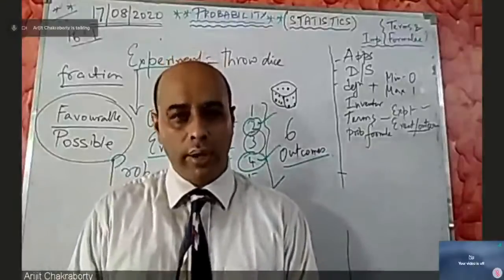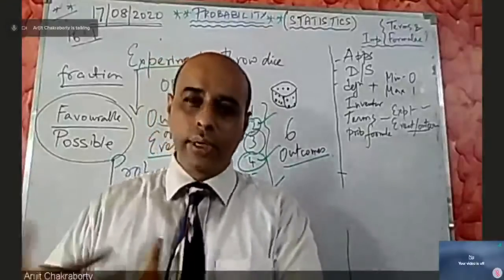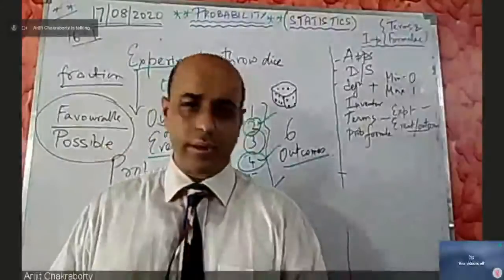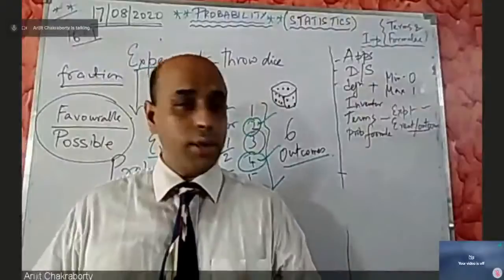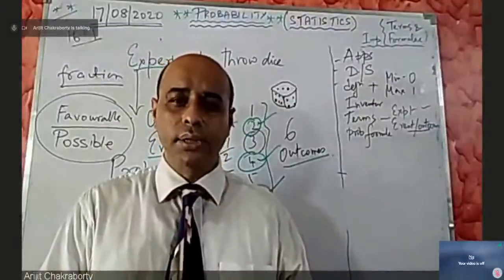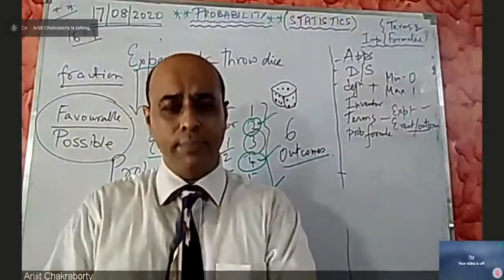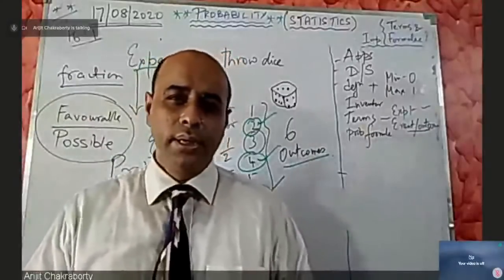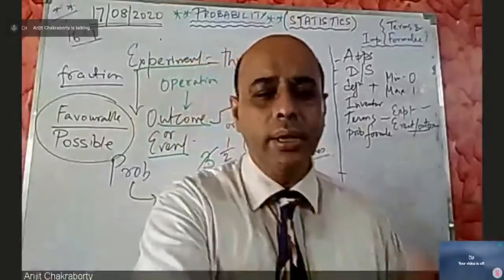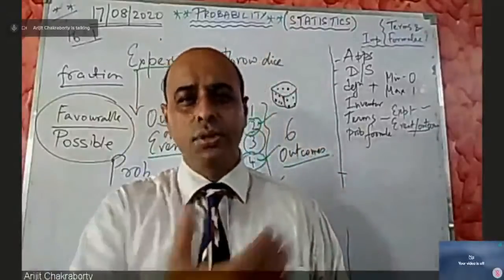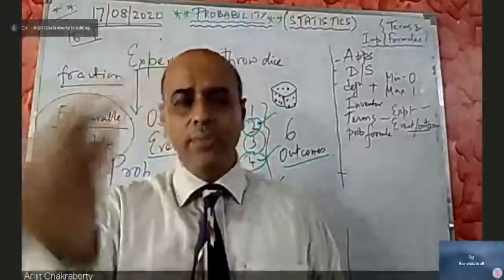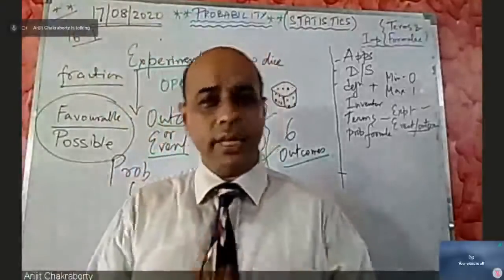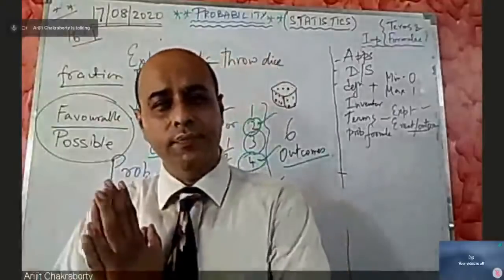Examples are throwing a coin, appearing for an exam, throwing a dice, an aircraft taking off, a child is born. Any experiment can have outcomes. For example, a child can be male or female, so two possibilities. In case of coin throwing, we have either a head or a tail. In case of dice, we have 6 possibilities, 1 to 6.